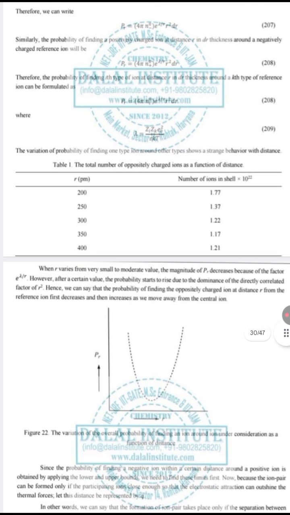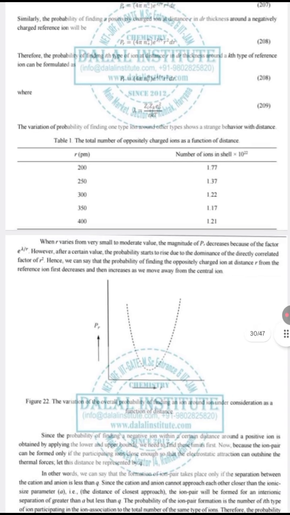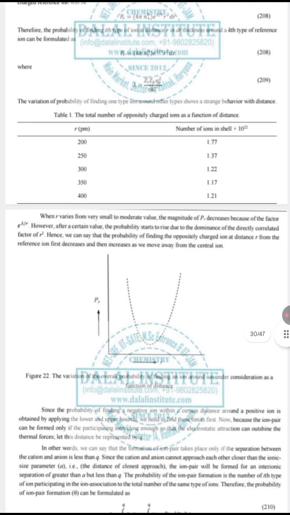Therefore, we can write Pr equals 4 pi n naught negative into e to the power lambda by r into r square into dr, equation 207. Similarly, the probability of finding a positively charged ion at a distance r in dr thickness around a negatively charged reference ion will be Pr equals 4 pi n naught plus into e to the power lambda by r into r square into dr, equation 208.